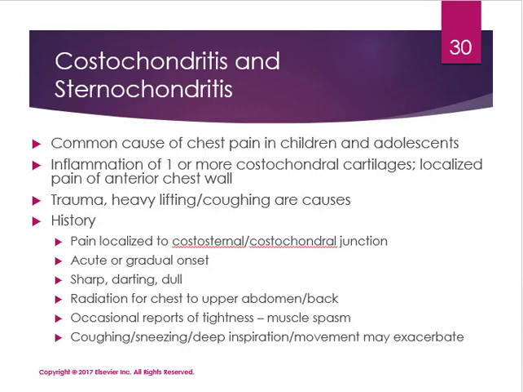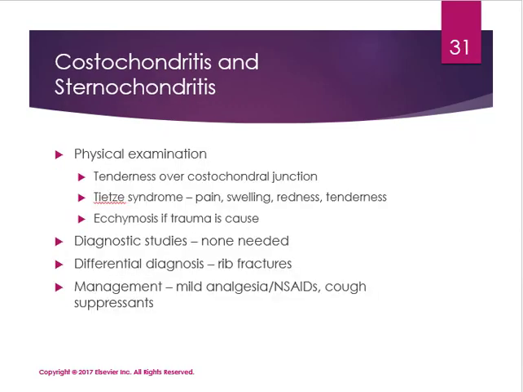There can be complaints of tightness caused by a muscle spasm, and then some exacerbating factors will include coughing, sneezing, a deep inspiration, movement of the upper chest and upper extremities. Physical exam is going to show tenderness over the costochondral junction.